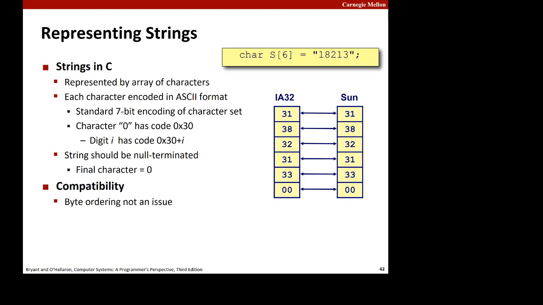So when you're writing software that has to be compatible across machines, one thing people often do is, instead of encoding numbers in binary and worrying about byte ordering, they encode them as strings, send the string, and convert back to a numeric representation.